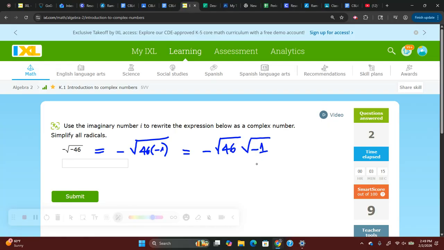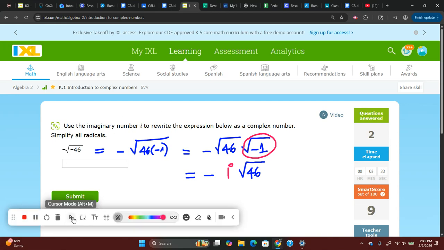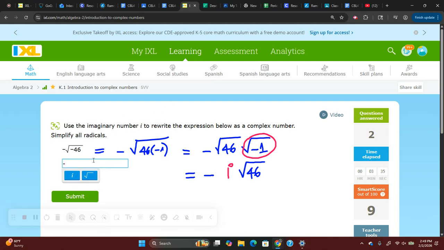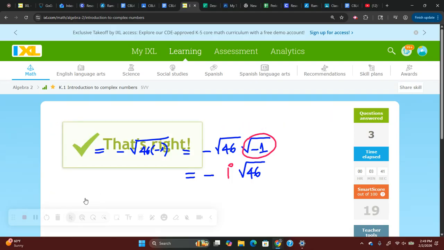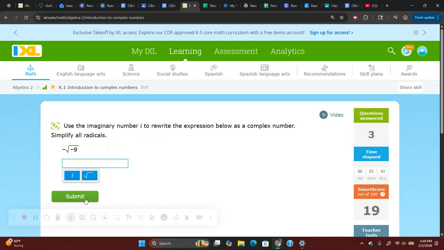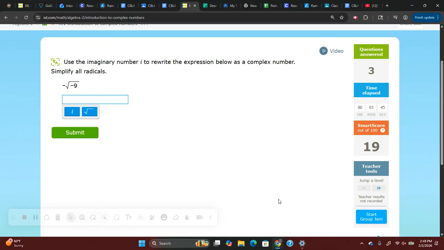I don't think you can simplify the square root of 46 further, so I leave it as the square root of 46. And the square root of -1 is the i, which I bring to the front. So the answer is negative sign, i, and then the square root of 46. Voila.